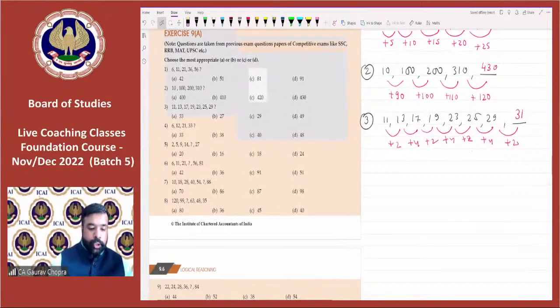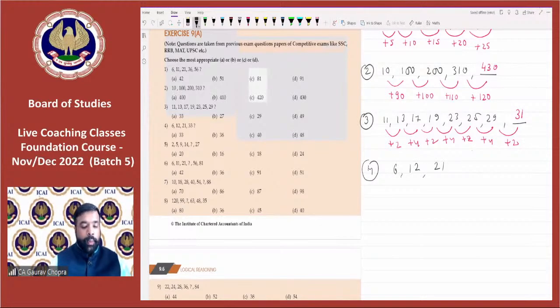Let's move towards the next one. This time we are having 6, 12, 21, 33, and then dash. So what's the gap? Plus 6, plus 9, plus 12, and then what should be the next addition?